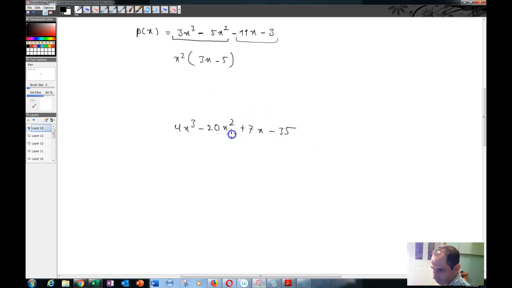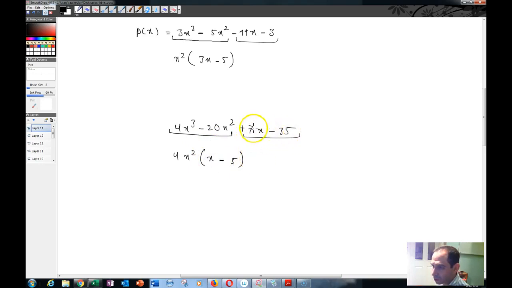You could take these two together and take these two together, and then from these two you can take your 4x squared out, and then you would end up with x minus 5, right?